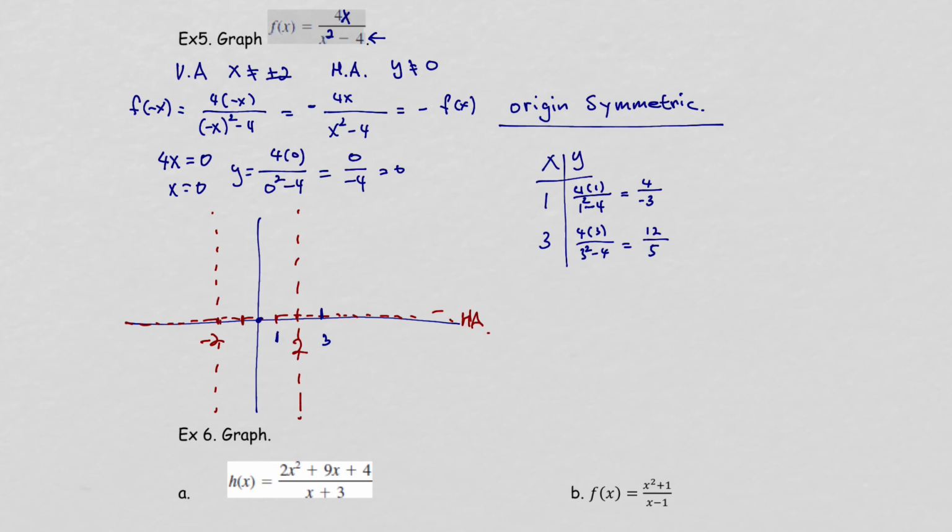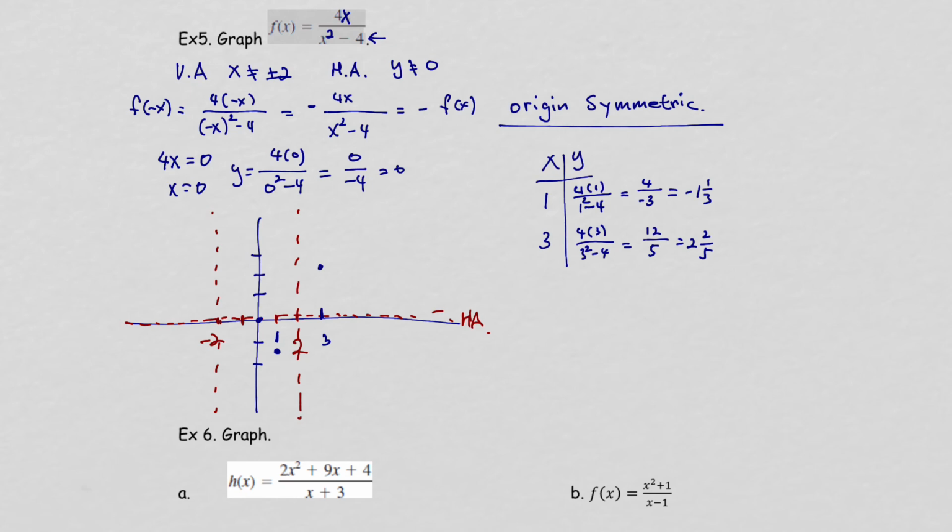So when x is 1, it will be negative. This is negative 1 1/3. This is positive 2 2/5. Somewhere here, 1, 2, 3. Somewhere over here. No, I need to go up 2, right? So it'll be a little higher.